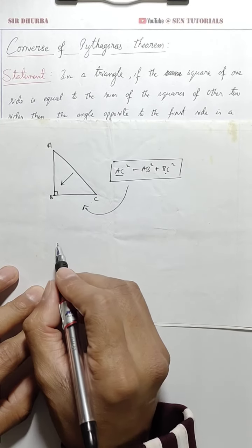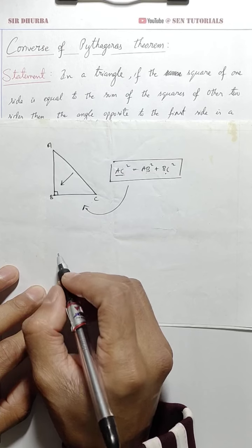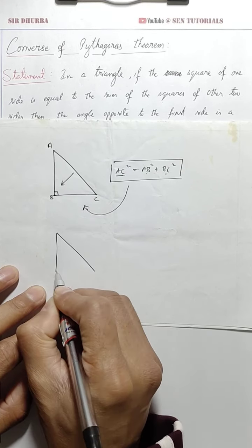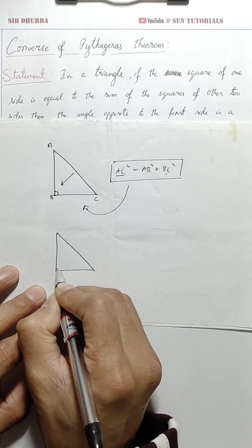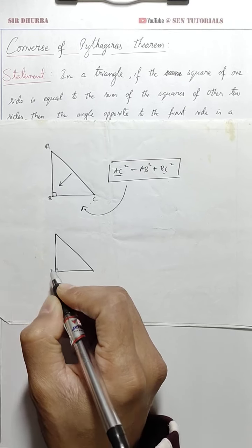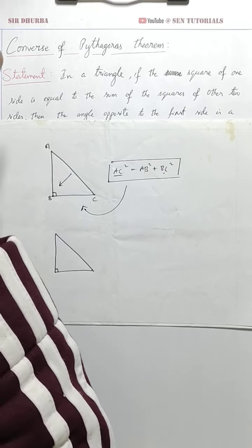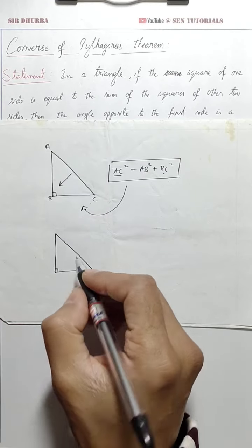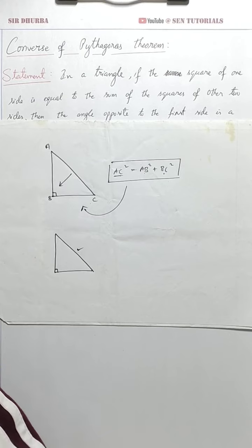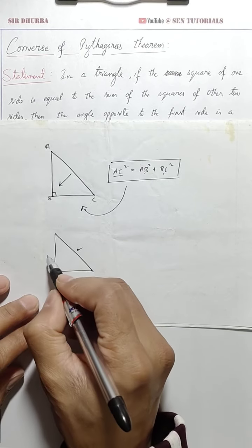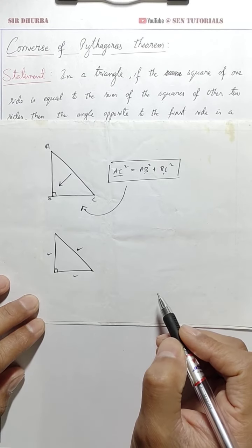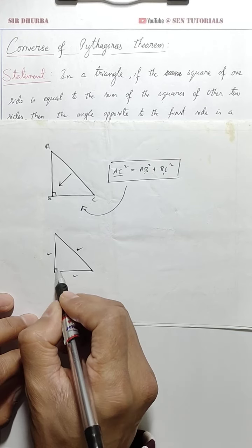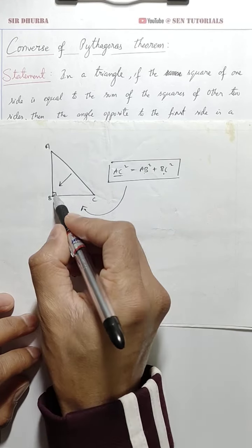Once again, in Pythagoras theorem, what was given was that if you have a right angled triangle, then the square of the hypotenuse, the longest side, will be equal to the sum of the squares of the other two shorter sides. So this 90 degree was already given to you.